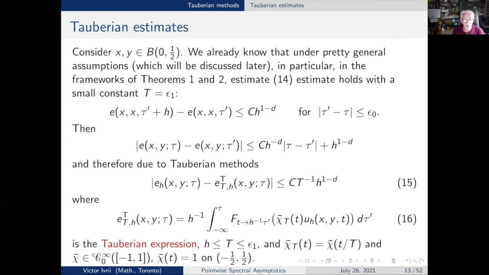And then, due to Tauberian methods, we would get the following estimate, where T means what a Tauberian. This T tells me on what interval we know it, and this is called the Tauberian expression.